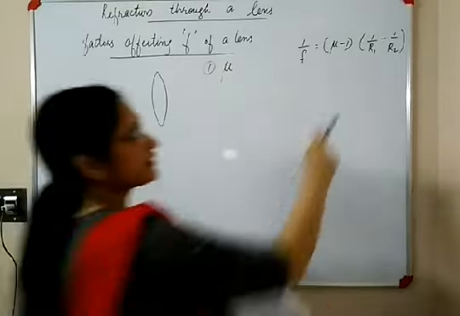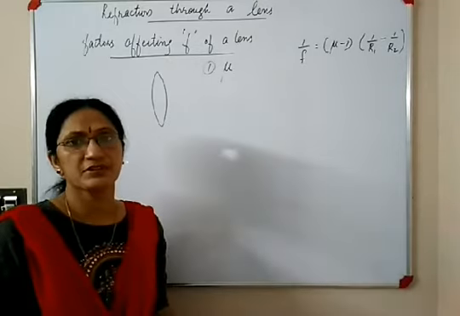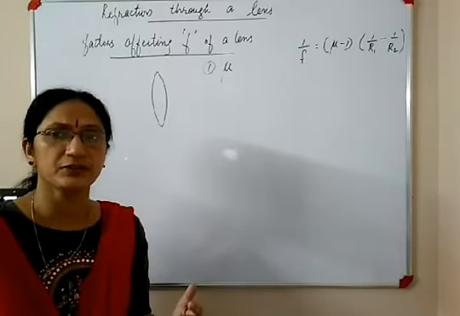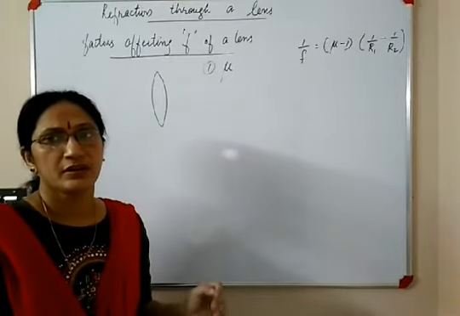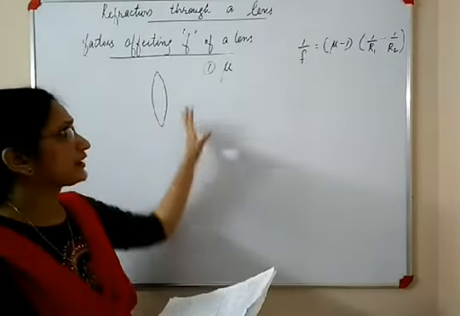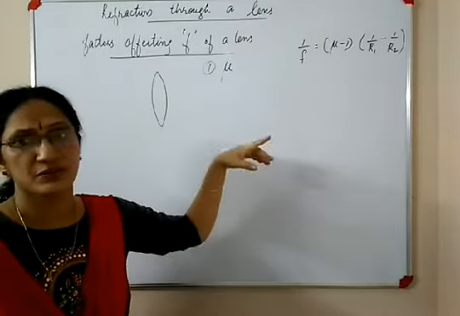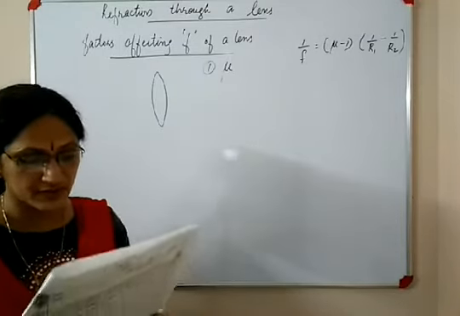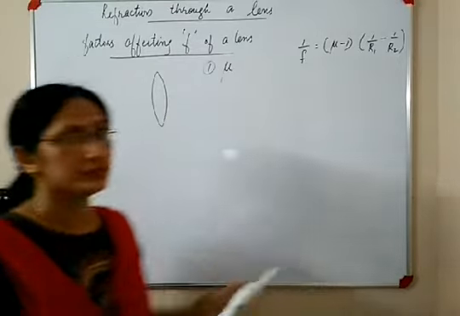is radius of curvature. Okay, radius of curvature means it is the radius of the sphere with which this lens is made. The factors which I am explaining here are applicable to both lenses, convex and concave lenses. Then how will the radius of curvature affect the focal length?